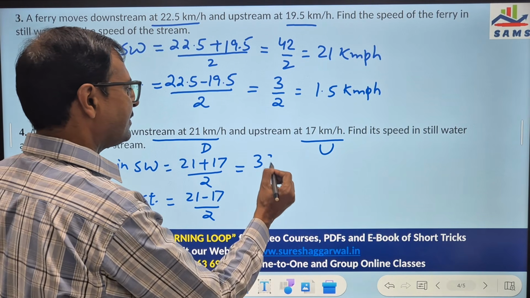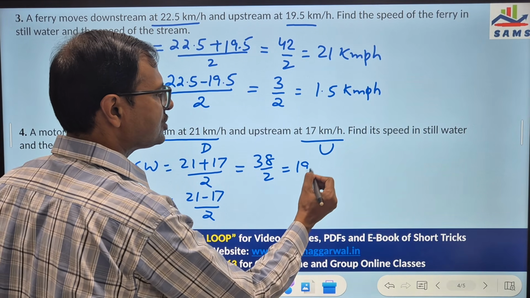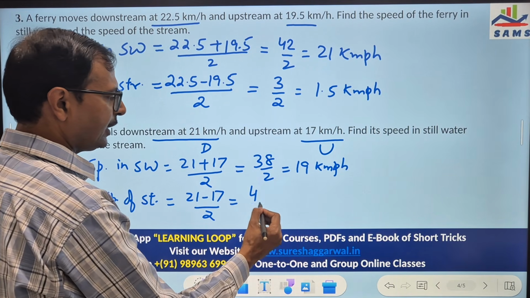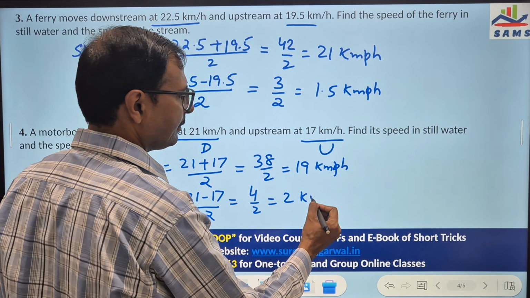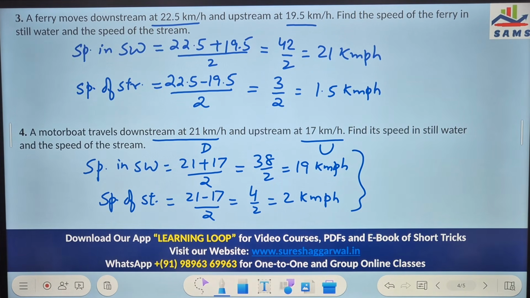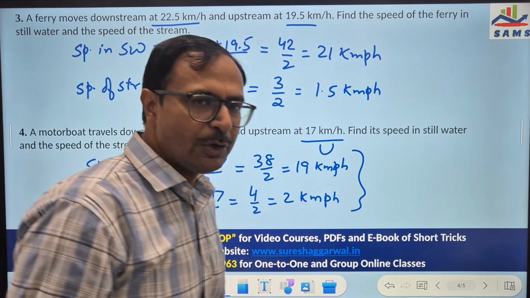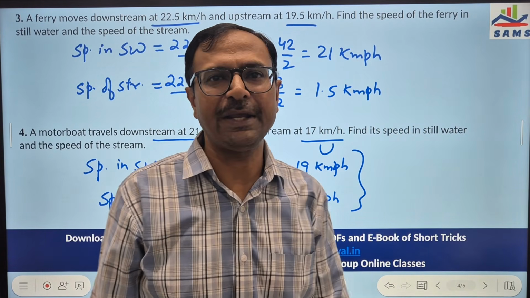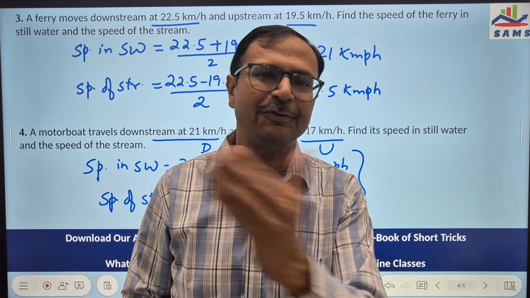This is 38 by 2, which is 19 kmph, and this one is 4 by 2, that is 2 kmph. Now, how much time are you going to take to solve this question? I think you will yourself say 10 seconds. And that's the intention of bringing out all these short tricks for you.